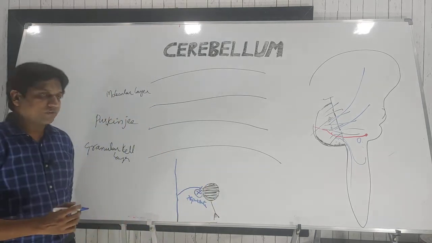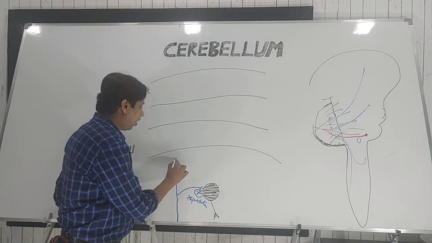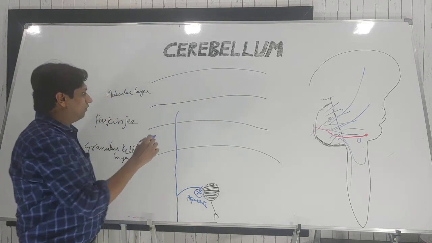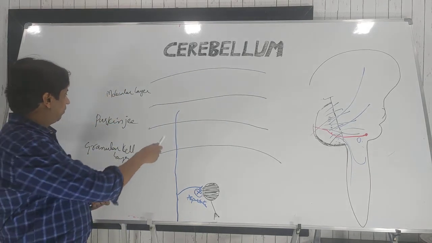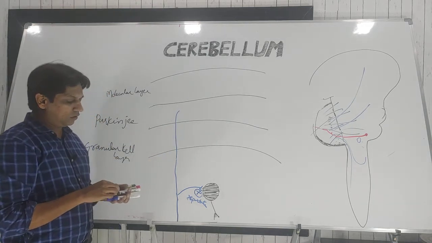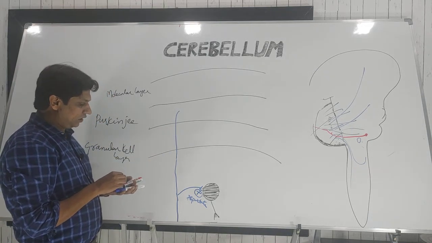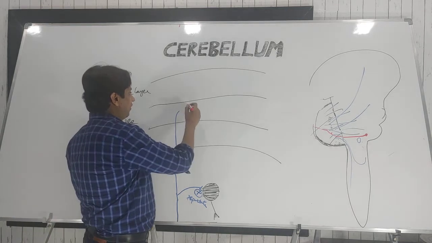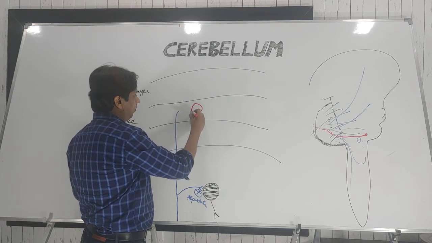Okay, and next they will go upwards, and here they will reach the middle layer, that is the Purkinje layer. The cells present in the Purkinje layer are Purkinje cells. So the neurons here will be Purkinje cells.